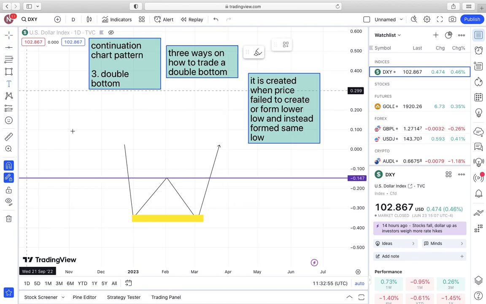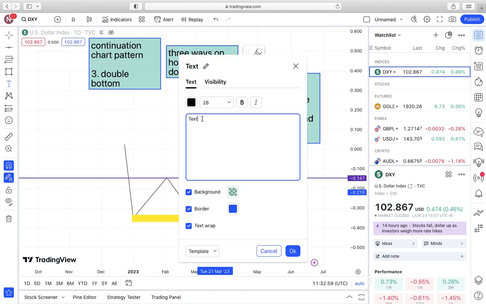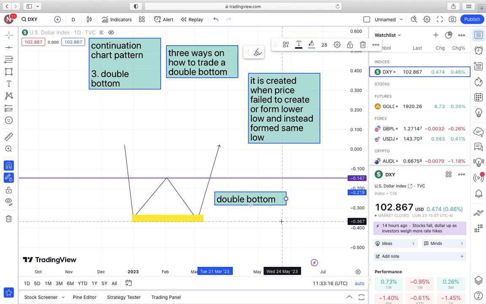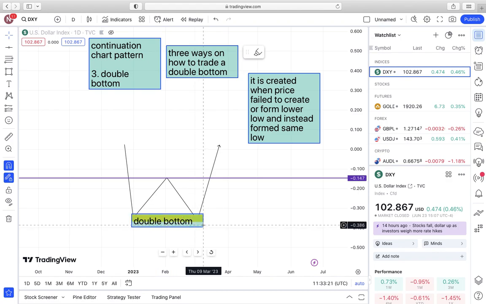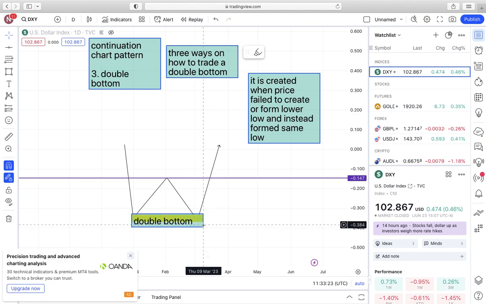Now we can come here and name it a possible double bottom. This one is a double bottom which has been formed, and this is how it is formed.